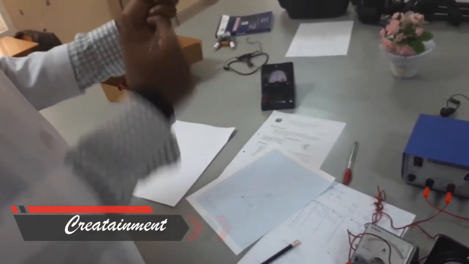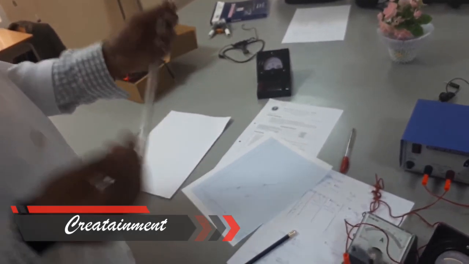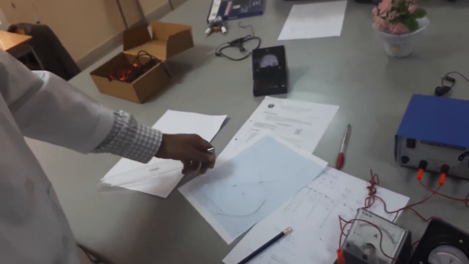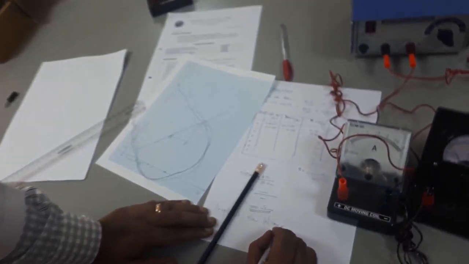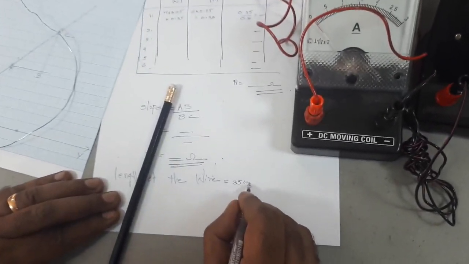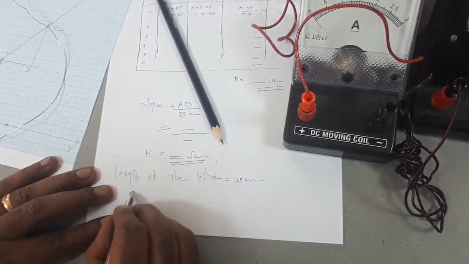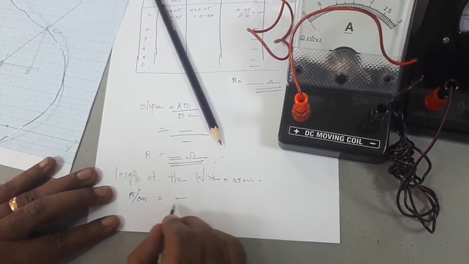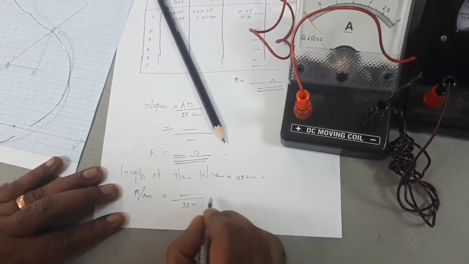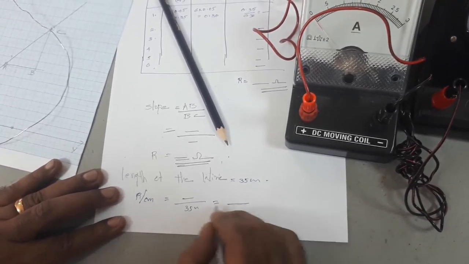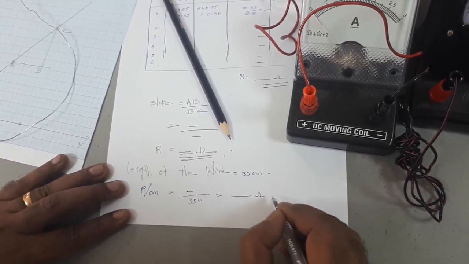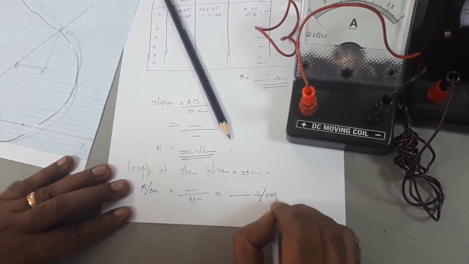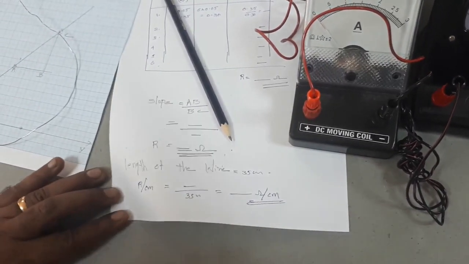This scale is not enough, so take a bigger scale and find out the length of the wire. For example, if it is 35 centimeter, the resistance you got, divided by the length 35, gives the resistance per centimeter. So that much ohm per centimeter.